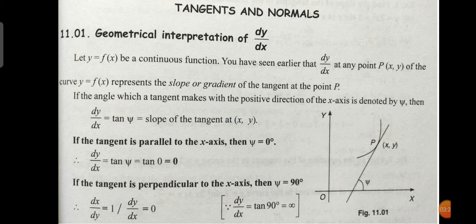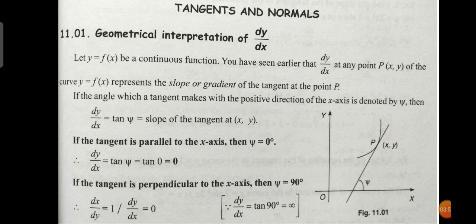Tan psi is the slope of the tangent at x, y, that is the derivative dy by dx, and psi is the angle that the tangent makes with the positive x-axis. Now if the tangent is parallel to the x-axis, then psi is 0.